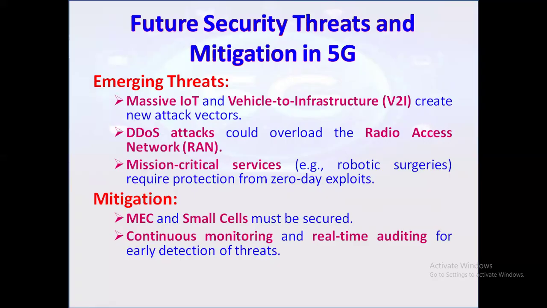Additionally, mission critical services like robotic surgeries will require comprehensive protection from zero-day exploits to prevent life-threatening outcomes. Mitigation strategies include securing multi-access edge computing (MEC) and small cell deployments, as well as implementing continuous monitoring and real-time auditing to detect and respond to threats promptly, ensuring resilience in the face of emerging security challenges. So this is about future security threats and mitigation in 5G.